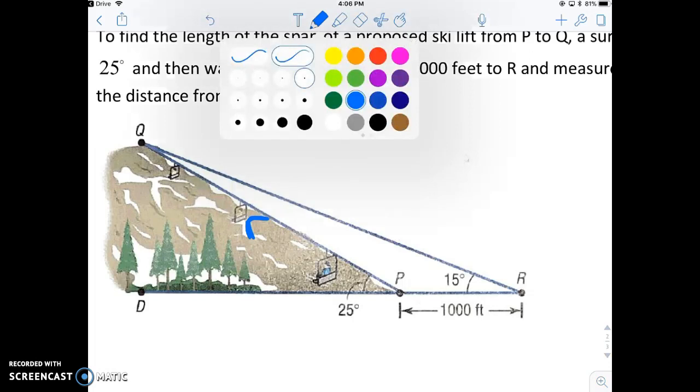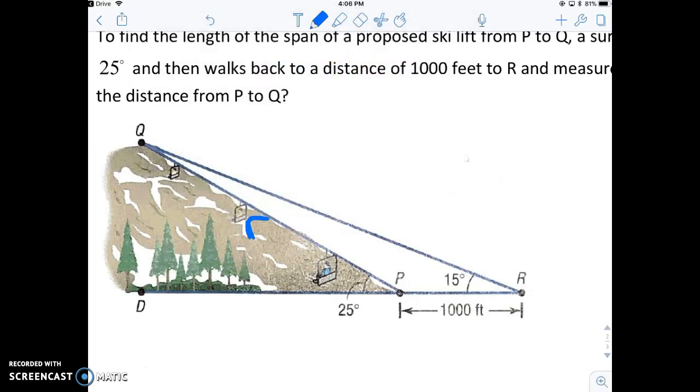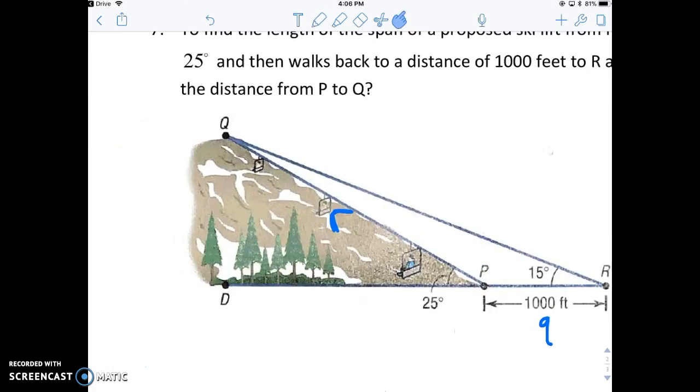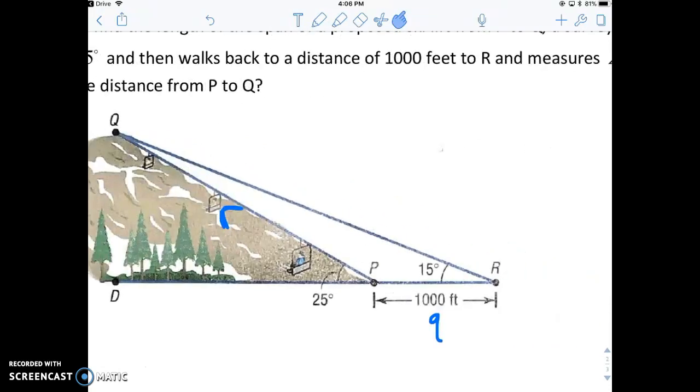So to do this, we have one side length actually given to us. That's going to be side Q down here, 1,000 feet. We have 2 angles, so it's a pretty good guess we're going to use 2 angles in this. So law of sines is probably where we're going to go, because this is an angle side angle problem, whichever way you want to look at it. So this is going to be a law of sines problem.